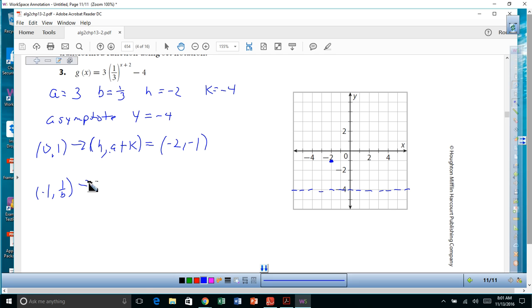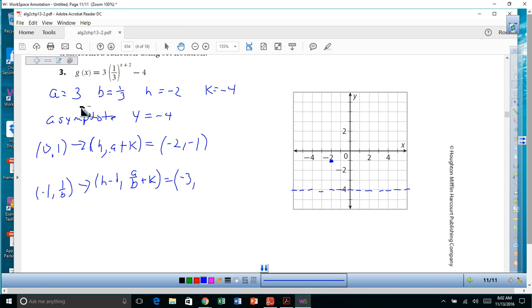And then our other point is going to be h minus 1, and a divided by b, plus k. So h, -2 minus 1, that's going to give us -3.